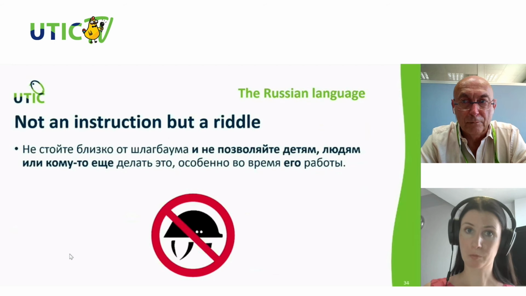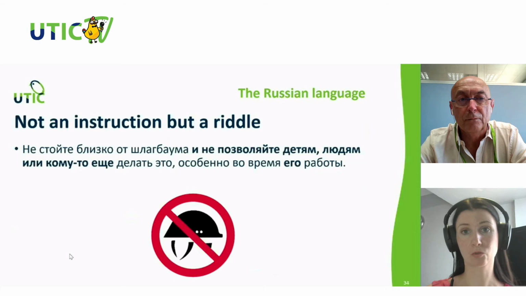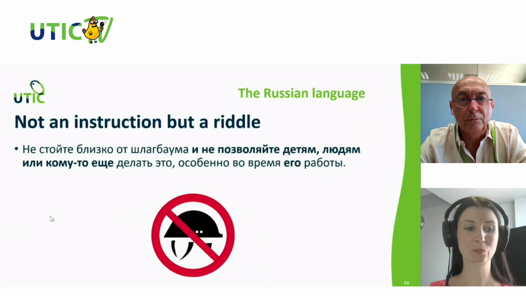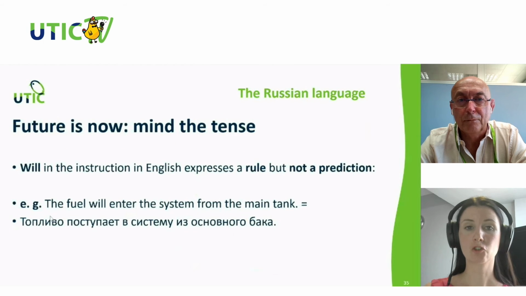It's quite unclear what "its work" means, whose work, the barrier's work or the people's work. We can hardly expect the whole audience of the guide to understand what the instruction really means, which is not an appropriate way of giving information.